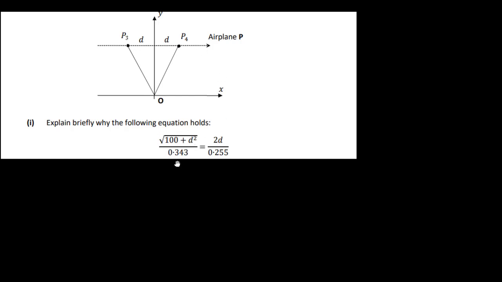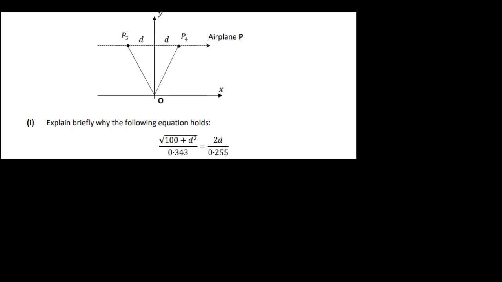So this is the time the sound takes to get from here to here, and this is the time the plane takes to get from here to here, and both times should be the same, because as soon as Oscar hears the sound, the plane has moved from here to here. So both these times should be the same. There's any number of ways of explaining this.